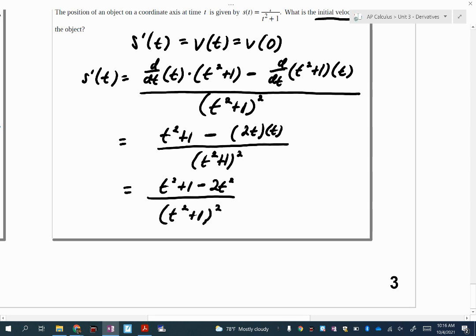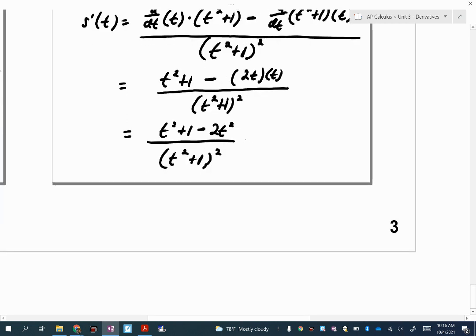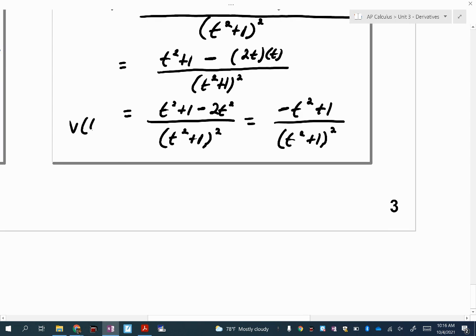Actually, we have like terms. Let's combine them. My bad. So this is going to be negative t squared plus 1 all over t squared plus 1 squared. All right. We're going to plug in 0. That's the velocity function.